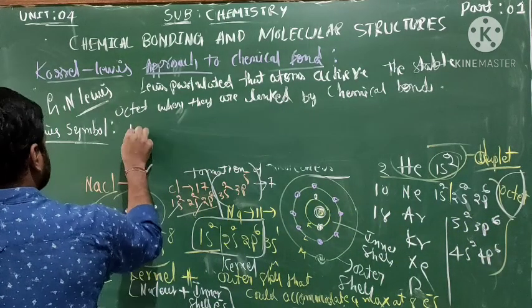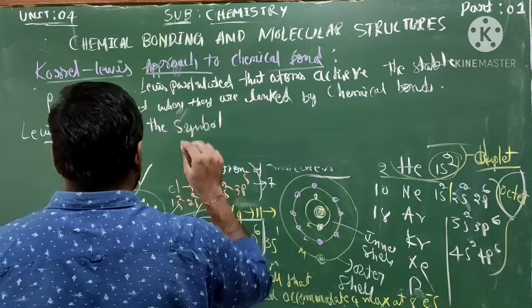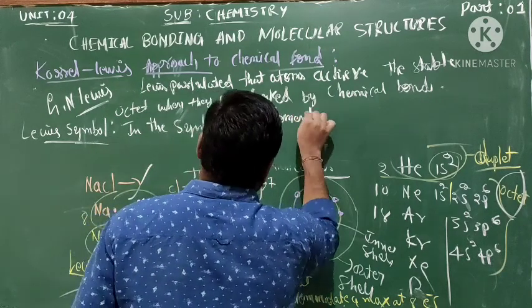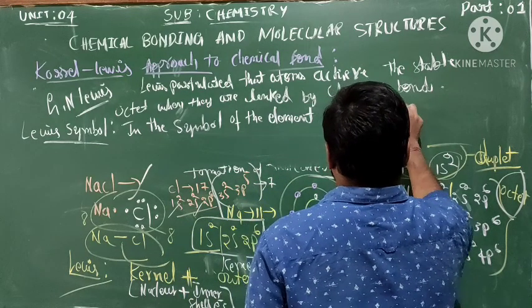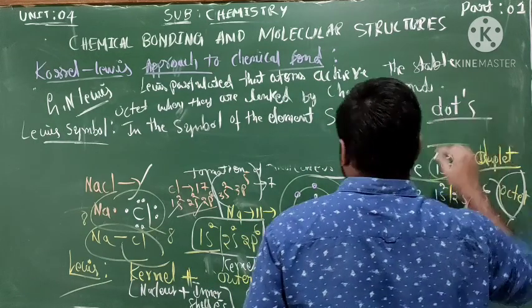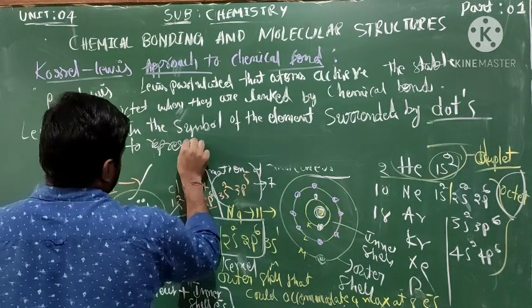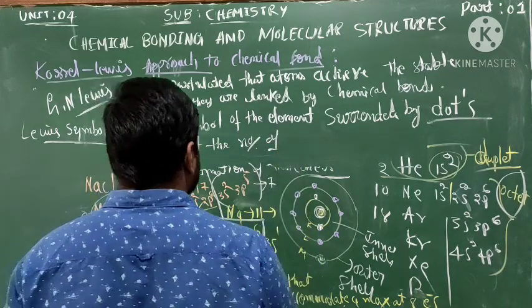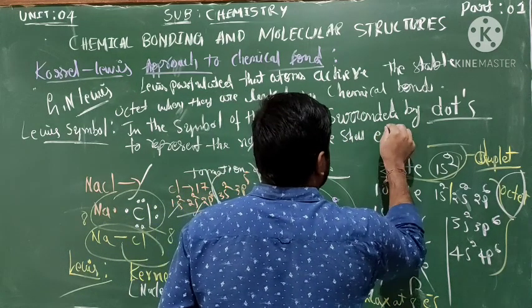In the symbols of the element surrounded by dots to represent the number of valence shell electrons.